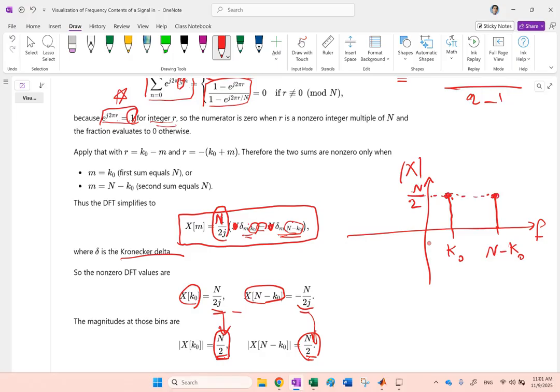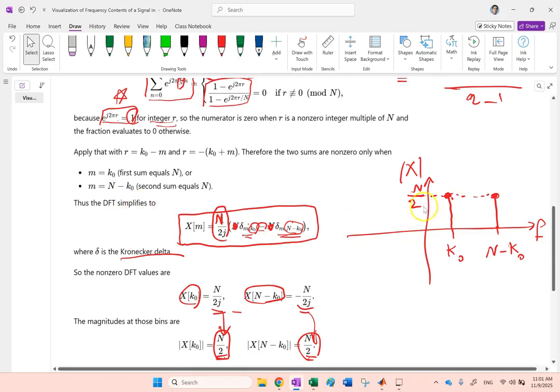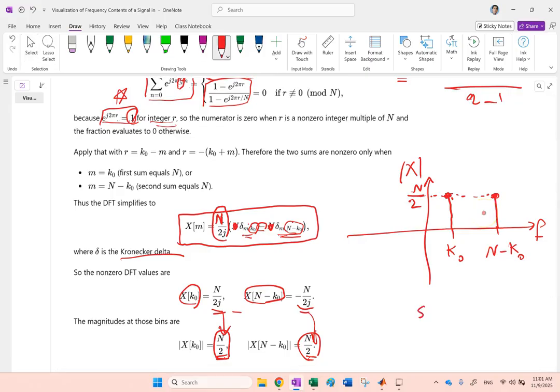Okay, so this is the Fourier transform, or discrete Fourier transform, for a sine wave that was something like sine of 2 pi k n over n. Okay, so this is the Fourier transform of that.